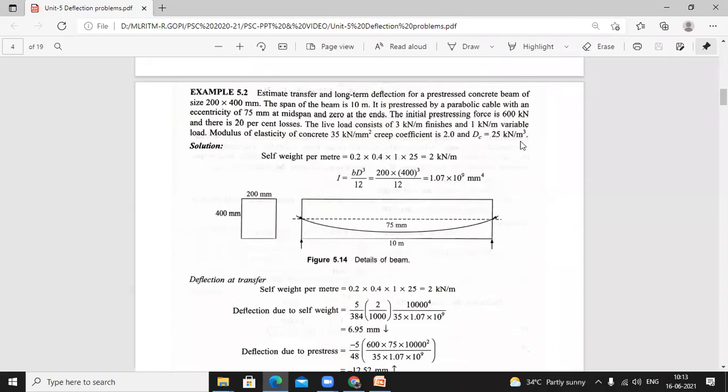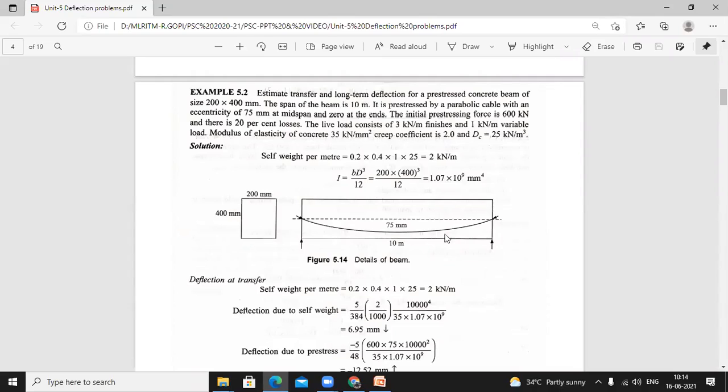In this question, they are asking long-term deflection, so for long-term deflection we have the formula. We need to calculate self-weight deflection, live load deflection, and deflection due to pre-stressing force initially, these three things. After that we have to calculate the long-term deflection.